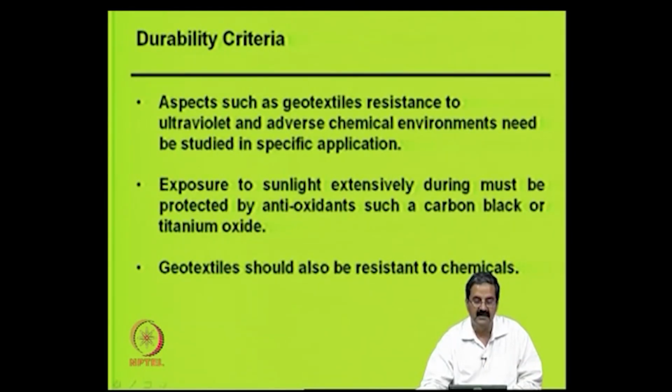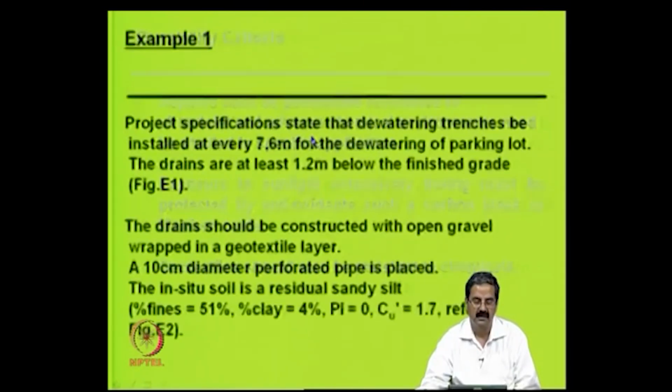The other one is the durability criteria. You are trying to use geotextiles, and they should not have wrinkles and all these problems; ultraviolet resistance and chemical resistance also should be considered. Exposure to sunlight extensively should be prevented, and they have antioxidants in that material, and they should also be resistant to chemicals.